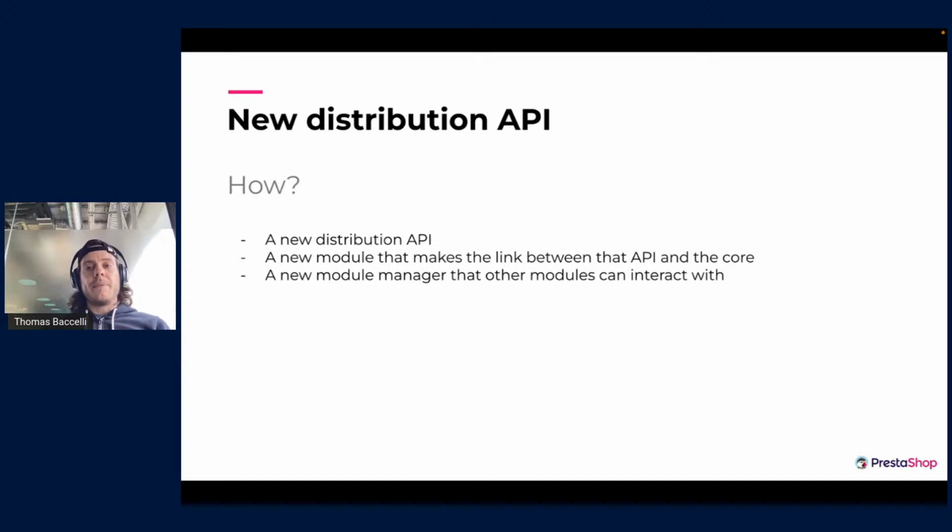The goal of this API is to provide information about the native modules: the name, their PrestaShop version compatibility, logo, etc. Then we need a new core module that will fill the gap between this distribution API and the core, so we can download those modules directly from the module manager. And lastly, a new module manager that other modules can interact with, such as marketplace modules like MBO, for instance.